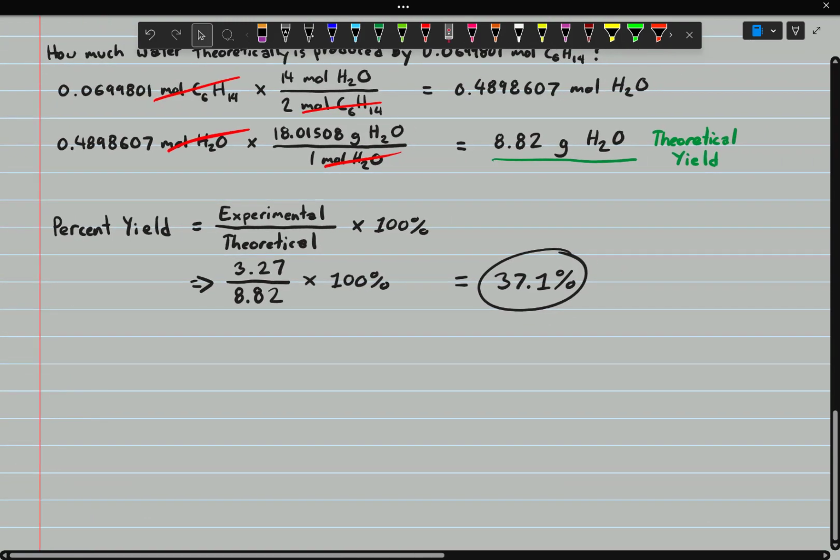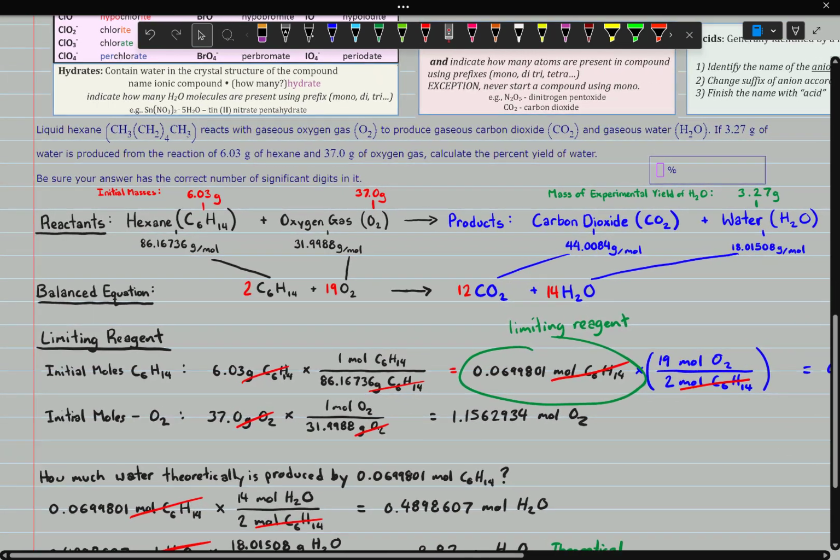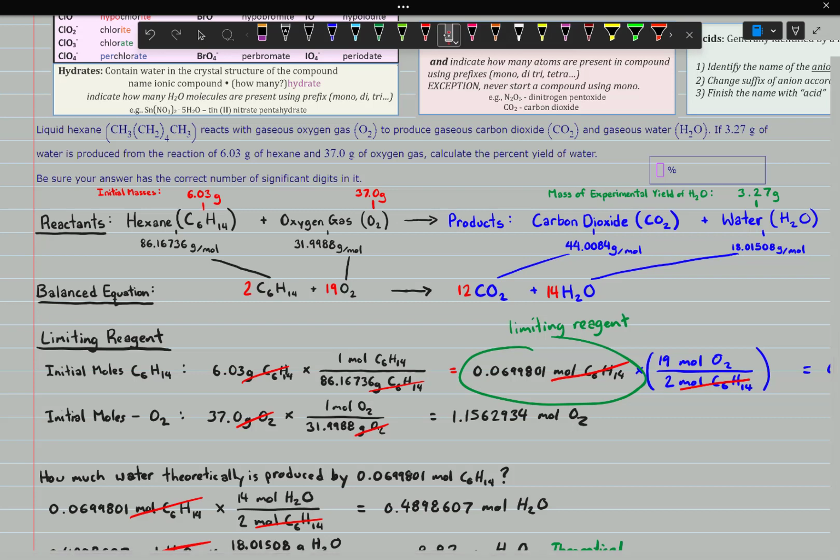So just to be clear, in this problem, we had an experiment, essentially, that we performed in lab using liquid hexane and oxygen gas. We started with 6.03 grams of hexane and 37 grams of oxygen gas. And from that, we produced 3.27 grams of water.